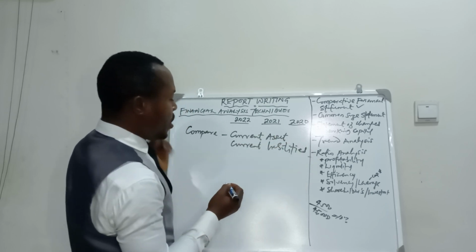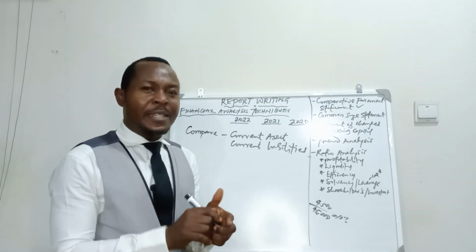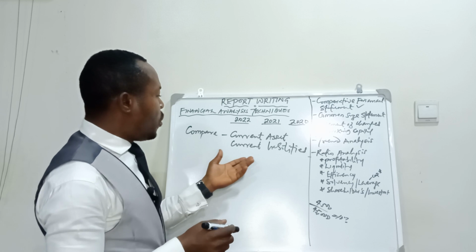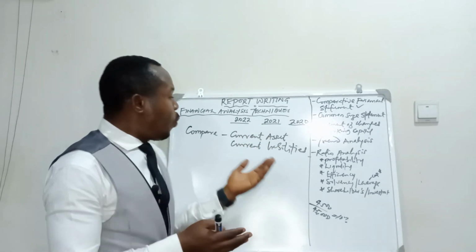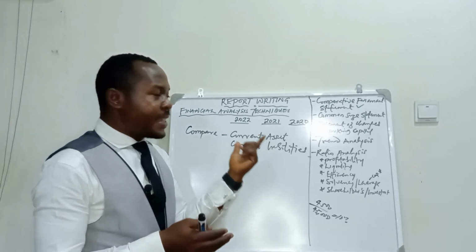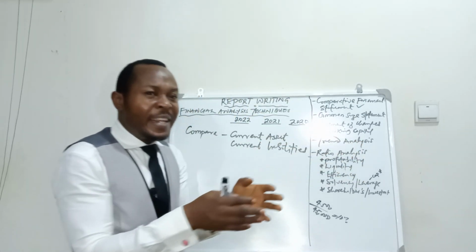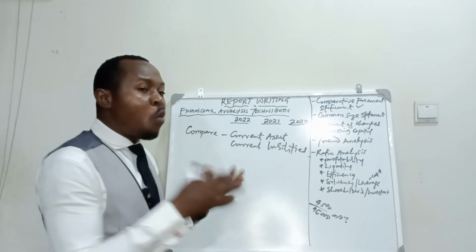I hope you're following. Now, the ability of the entity we are reviewing to check whether they are good in terms of what they are owing others that they need to pay within a particular year, and you compare with what they have.